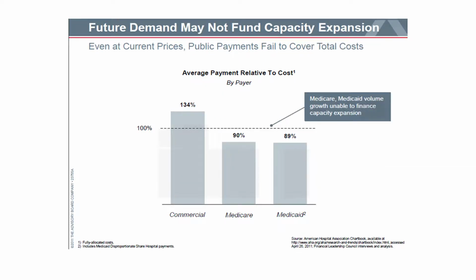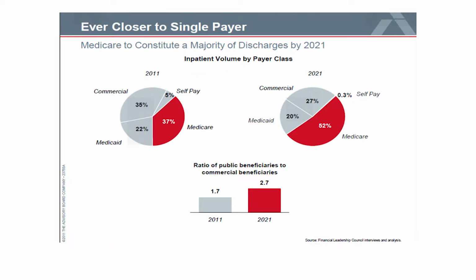So this is another slide that really represents this in another view, and then that the Medicare and Medicaid volume growth is unable to finance capacity expansions, replacement of equipment, and that's really been covered by the commercial payers. But as we look at moving to the future, we are moving more and more to a single payer.